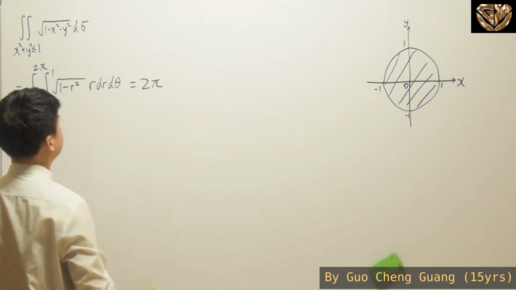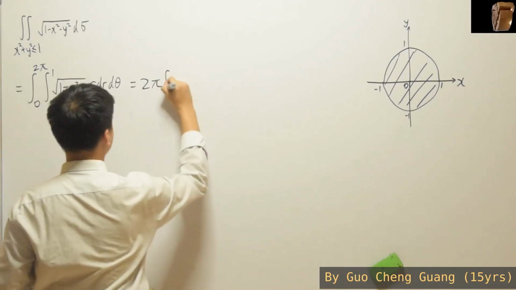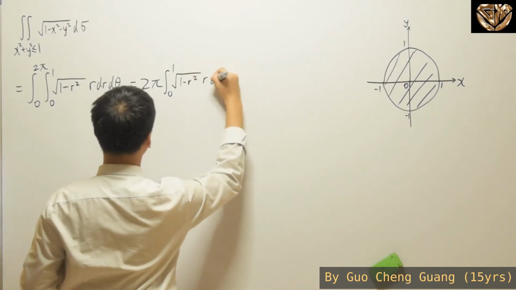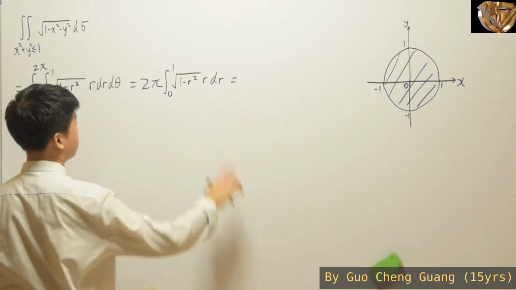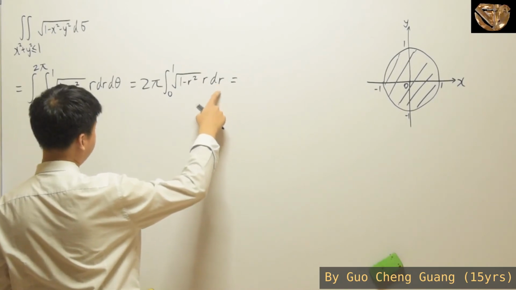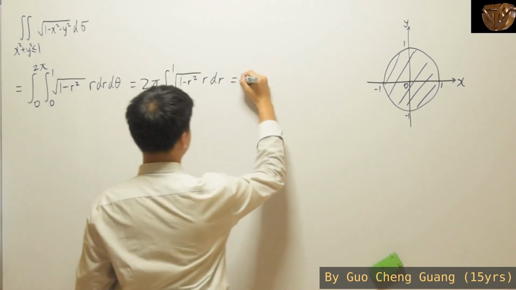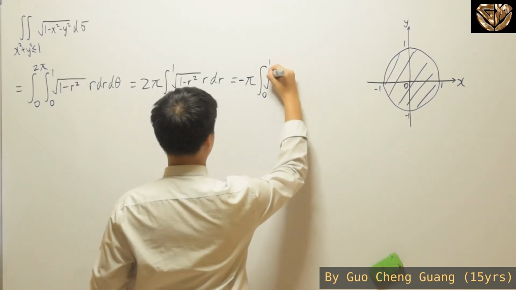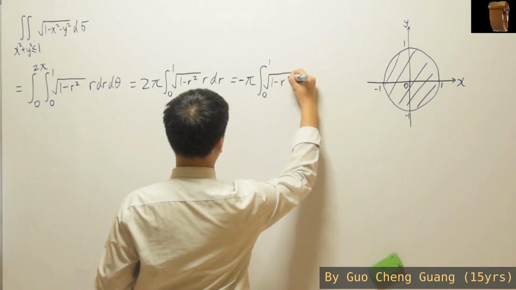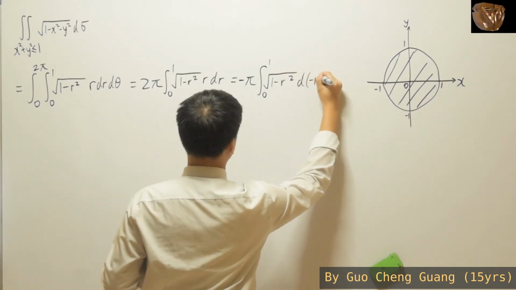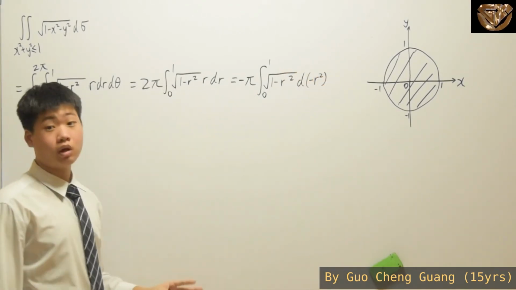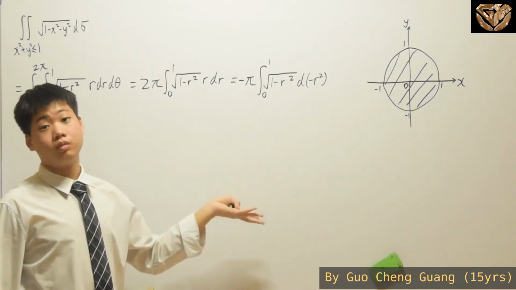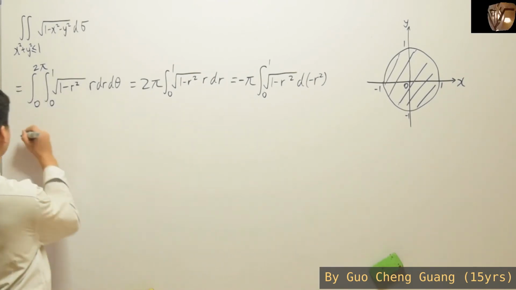But you would have to realize that inside here, integrate 0 to 1 square root 1 minus r square r dr, you will need to put your r inside the dr with a negative, which gives a negative pi, integrate from 0 to 1, and you have square root 1 minus r square d negative r square. Alright, so at this part, then you can integrate it, since you probably know how to integrate those with square roots.